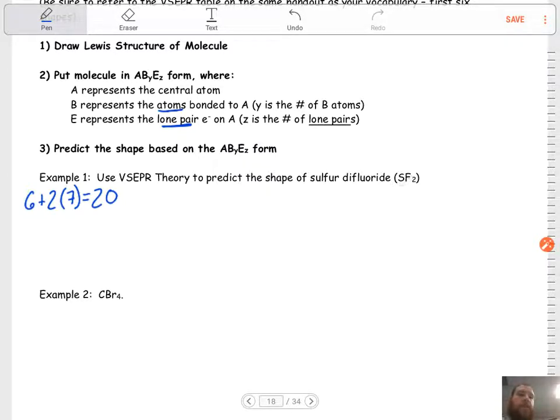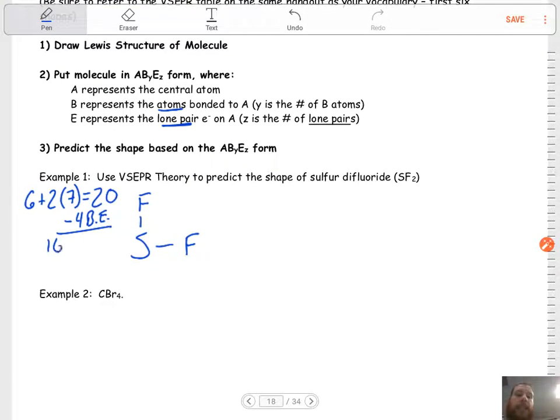So figure out your central atom. It's going to be the first one again. So we've got sulfur as our central atom here. And I'm just going to put my 2 fluorines around it like I was doing in the last video. I'm going to connect them with bonds. Always start with single bonds first. So I'm going to subtract out 4 bonding electrons. BE is just bonding electrons here to save some space.